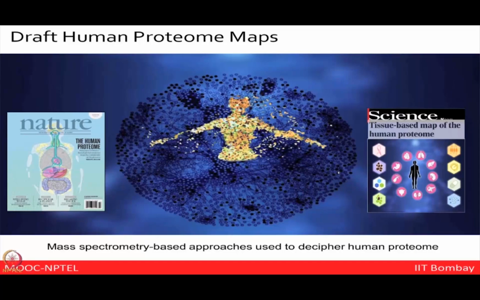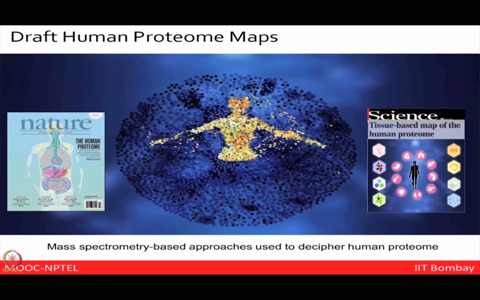I would like to highlight that after the genome reference maps were published, the eventual goal of the entire community was to look at the possibility of all the proteins and try to obtain evidence that these proteins do exist in humans with various types of experimental approaches like mass spectrometry and tissue based microarrays. All those efforts took a lot of time, but eventually in 2014 and 2015 the first draft human proteome map was published, which tried to provide evidence that proteins do exist for the genes which were already decoded.